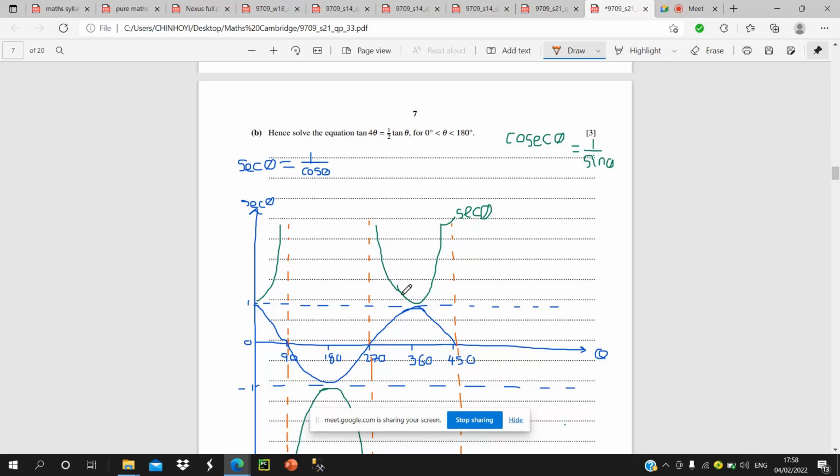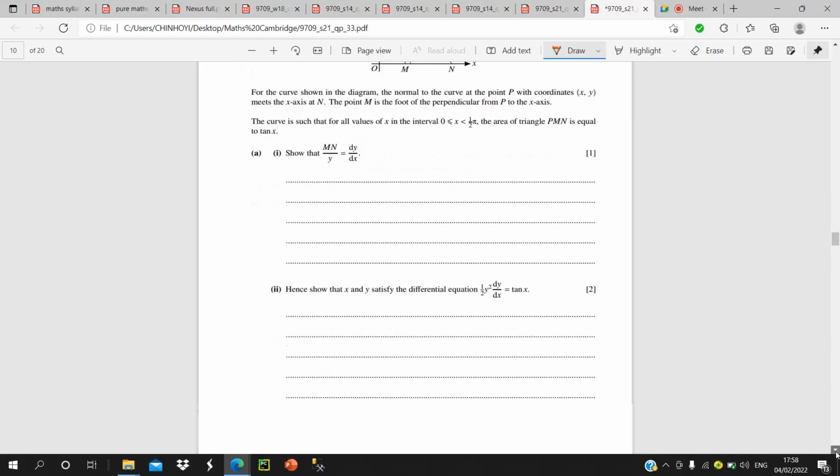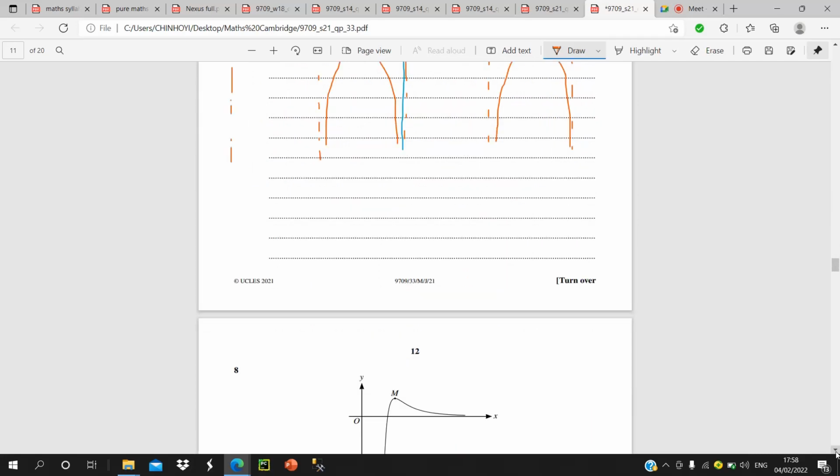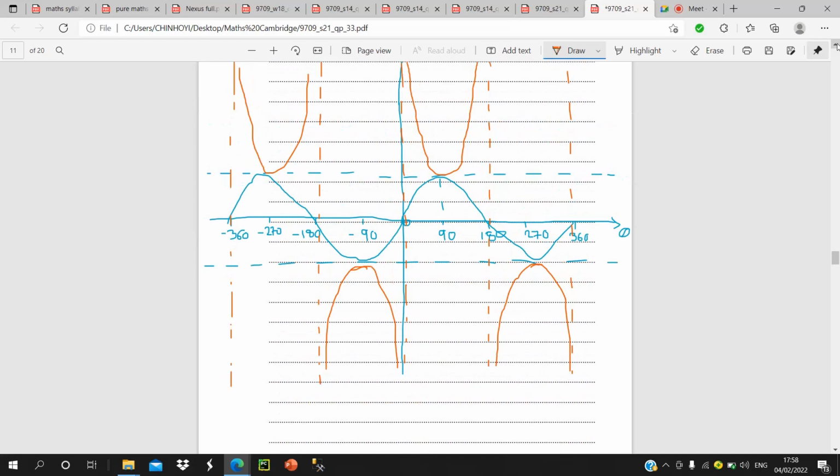This one, it will be turning at 1, isn't it? Yes. So you were supposed to obtain a graph like this.